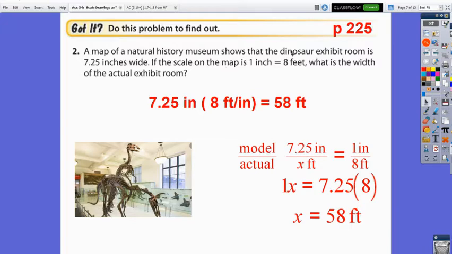Because that's going to require me to convert this 8 feet to inches. So it's 1 to 96 is the scale, and you multiply 7.25 times 96, and then after you do that, you have to divide by 12 anyway. So that is not the use of the scale factor, but we'll look at scale factor here a little bit more.